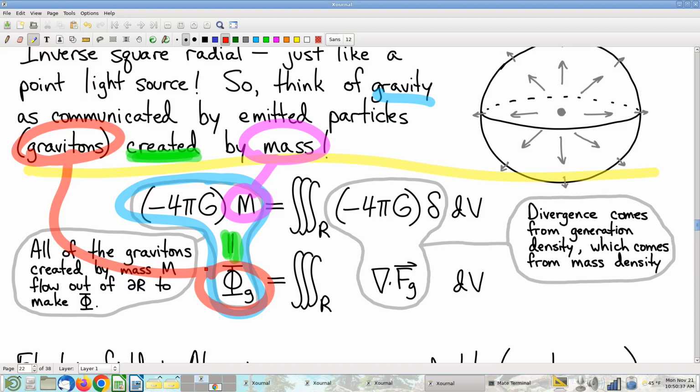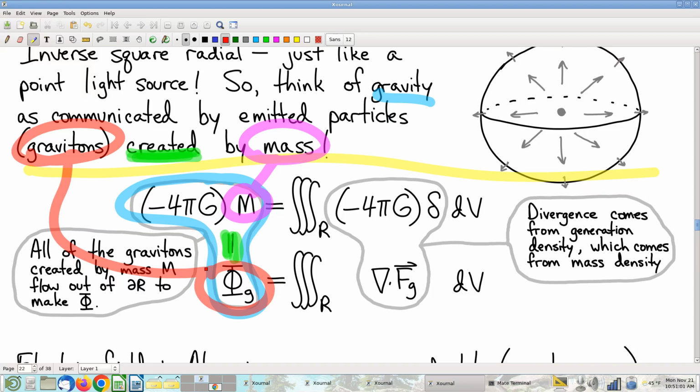Because after all, if you've got mass inside of the region and it shoots out a graviton, that graviton eventually leaves the region. Namely, that graviton eventually shows up as flux through that boundary. Everybody believe that? More mass, more flux. Because more mass, more gravitons, aka more flux.